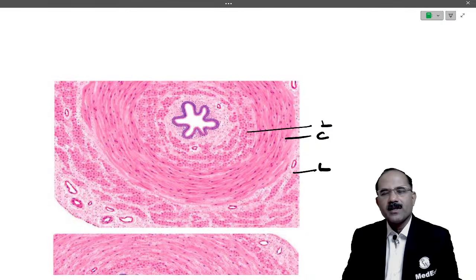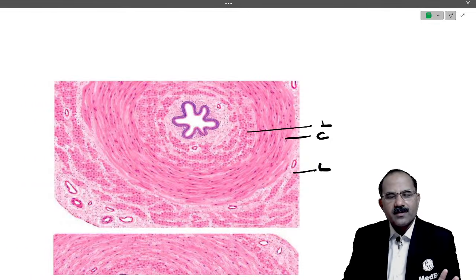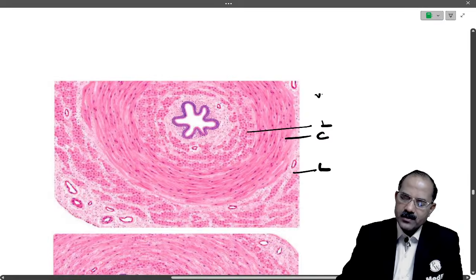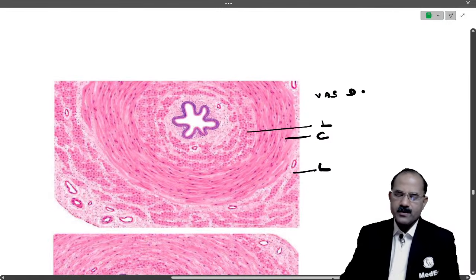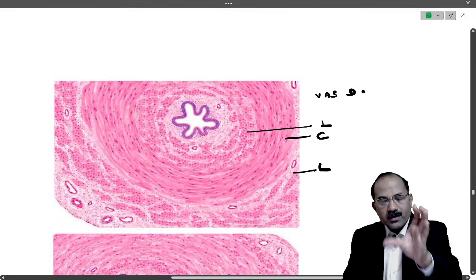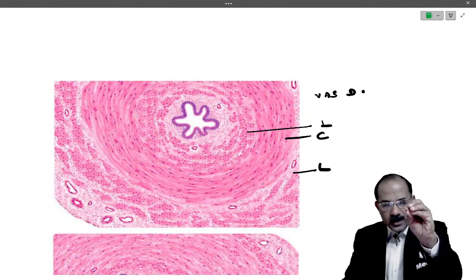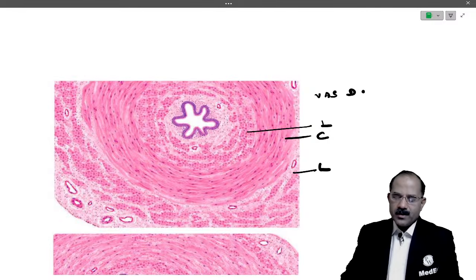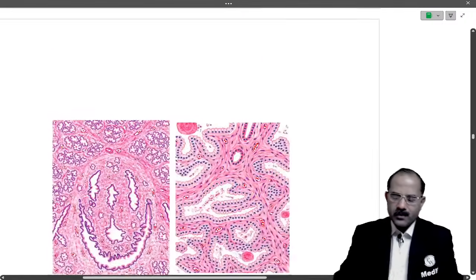The epithelium is again pseudostratified, ciliated. Vast difference: a very small lumen and a thick muscle coat. Remember, for a circular slide with lumen, this is one vast difference. We'll come to this.